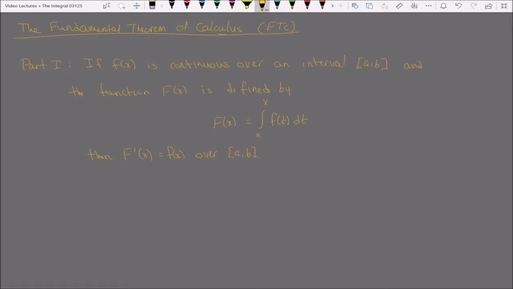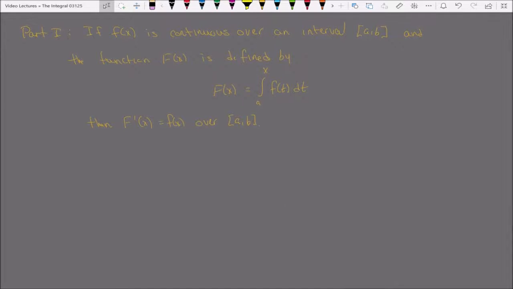So that's the first part that relates an antiderivative to a function, or to a Riemann integral, rather.